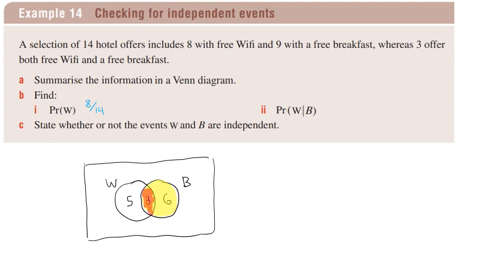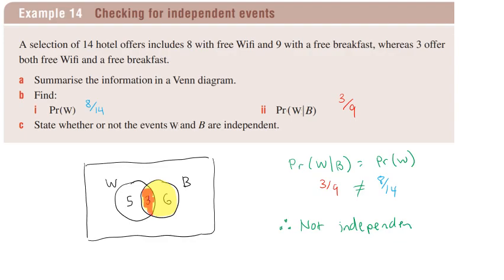So it equals 3 out of 9. State whether the events W and B are independent. So if I just write out the formula, which they've already pretty much written, these two things do not equal the same. So therefore, they are not independent. So the outcome of one influences the outcome of the other.